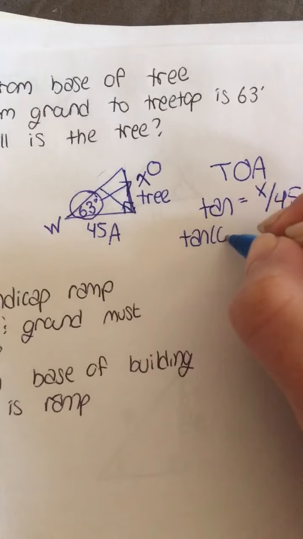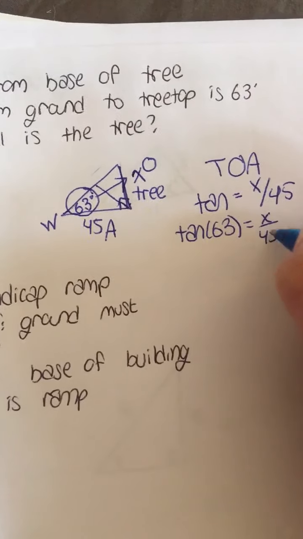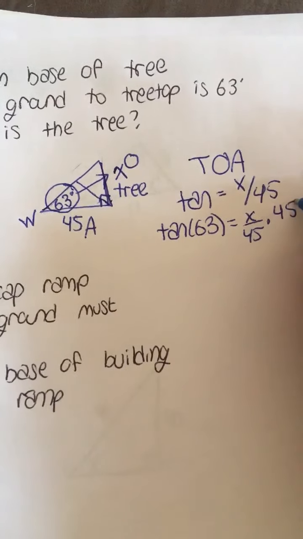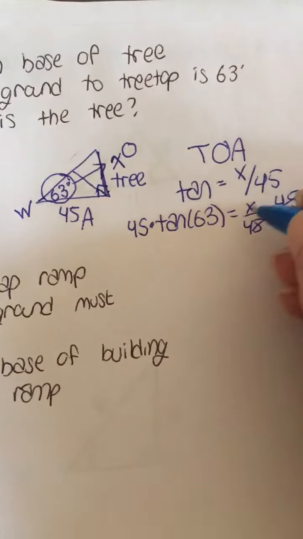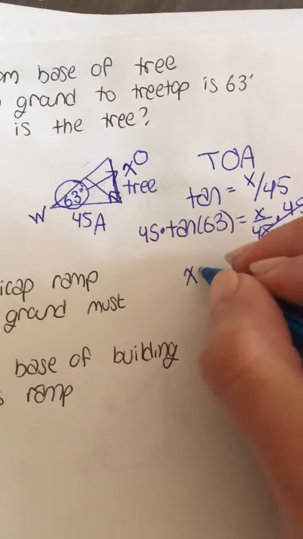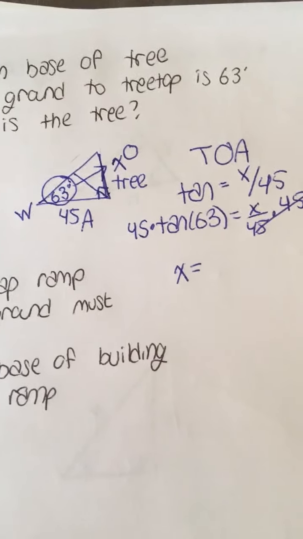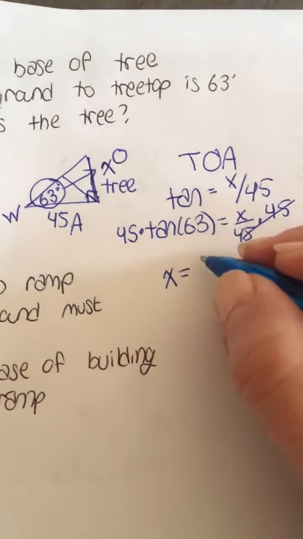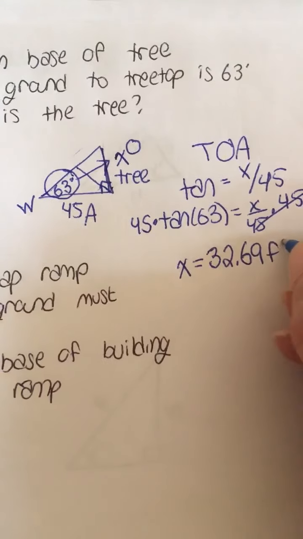Tangent 63 equals x over 45. And again, we're always starting by multiplying by whatever is in the denominator on this side. So times 45 times 45. X is isolated by itself now, so you're just plugging this in your calculator. 45 times tangent of 63 gives you 32.69 feet for the height of the tree.